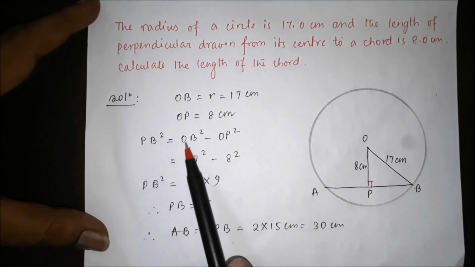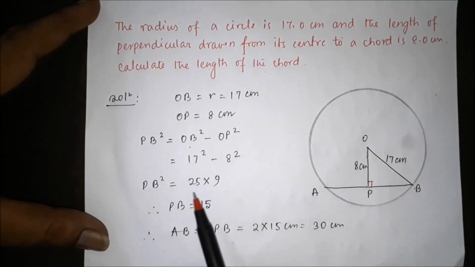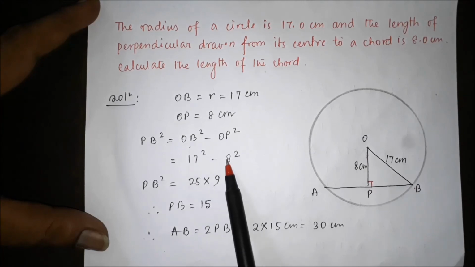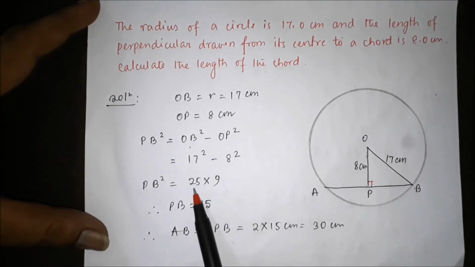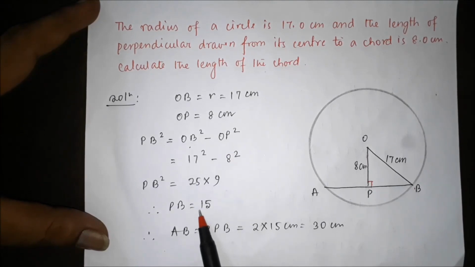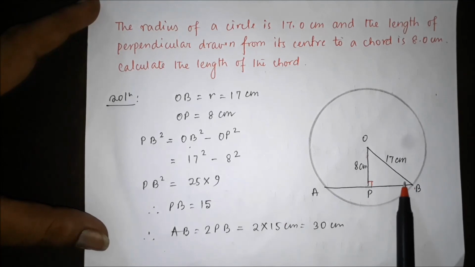If you apply the Pythagoras theorem, you will get PB square equals 25 into 9. I am using the a square minus b square formula. So a plus b, 17 plus 8, 25, and 17 minus 8, 9. Therefore PB equals 15. Therefore AB equals 2 into PB. That means 2 into 15, that is 30 cm.